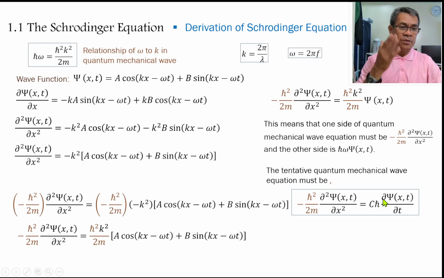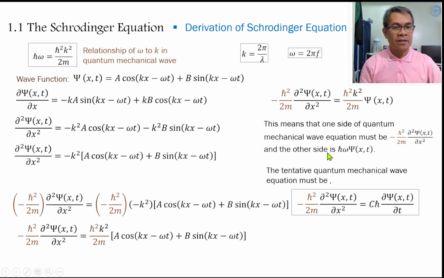The answer is, if you take the derivative of this wave function, look at this one, with respect to time, it comes up with omega. Okay? So therefore, that is what we are looking for. So if you take the derivative of this, we understand that we can produce angular frequency, first order or first degree.